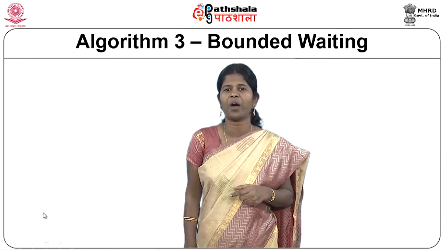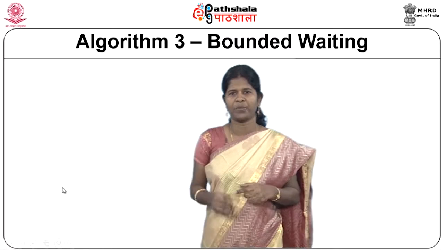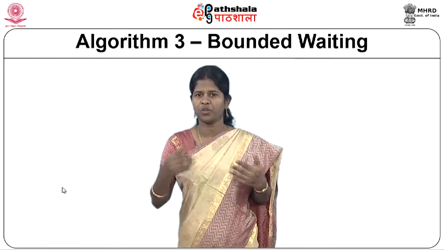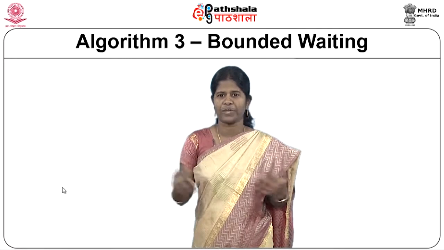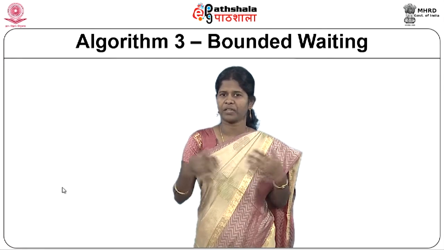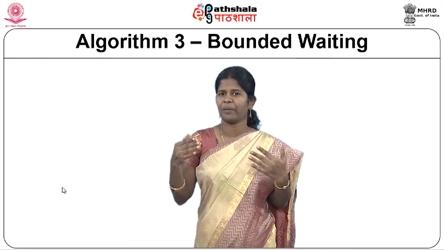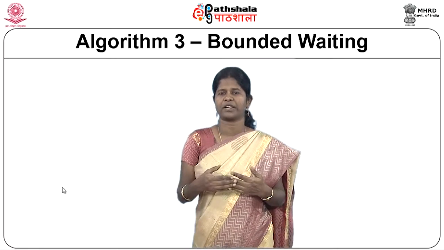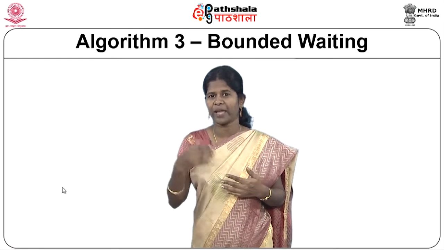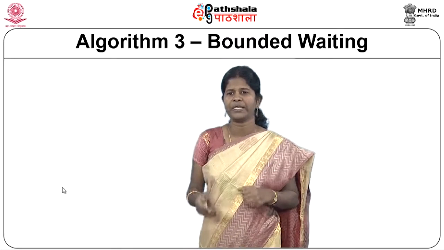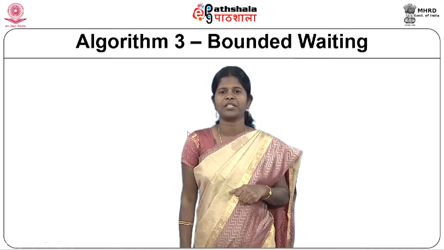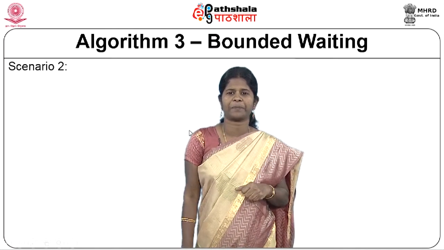And how about bounded waiting? What is bounded waiting? Say there are two processes that are waiting to enter critical section and both have requested to enter critical section. So, say after a particular process has requested to enter critical section, the amount of time that process has to wait should be bounded or limited. We will see how this algorithm satisfies this bounded waiting.